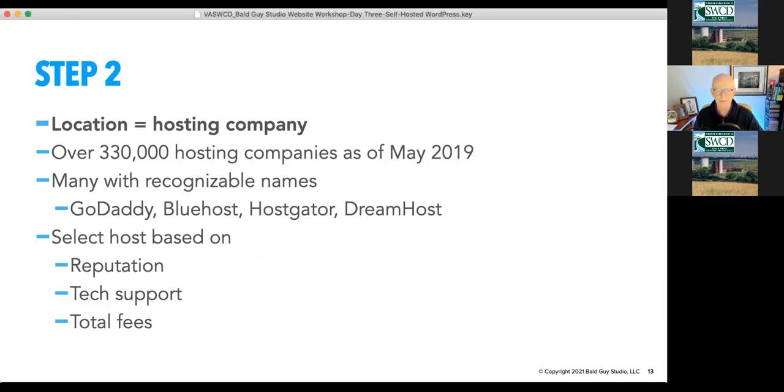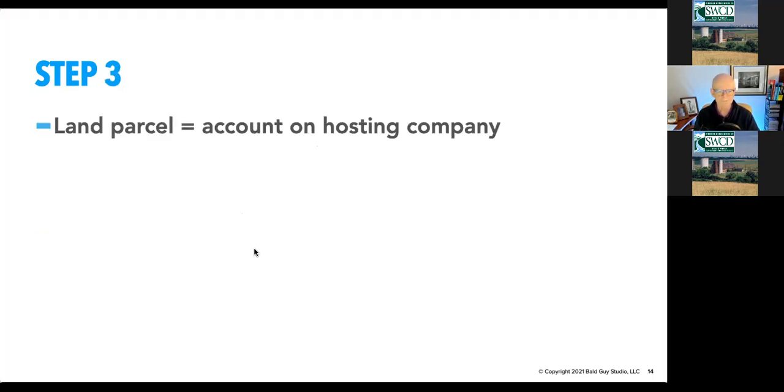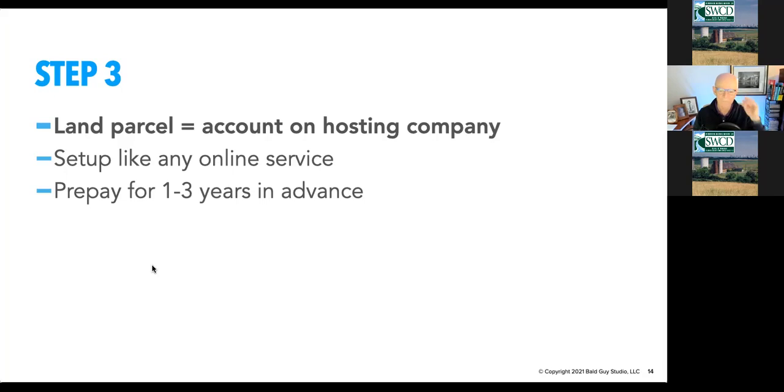So next in our building metaphor, the land parcel that we're talking about. In this case, your lot or your acreage, that is like the account on your hosting company. And of course, you'd set up your account on a hosting company just like you do any other kind of online service. Typically, you will prepay for hosting for something like 1 to 3 years.